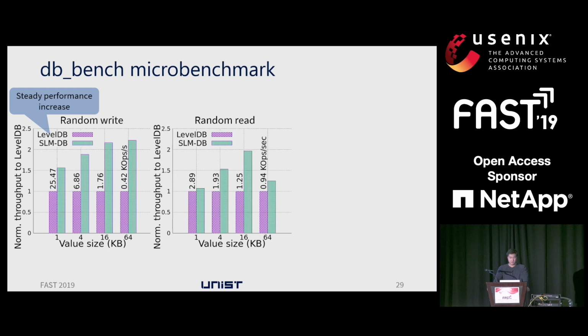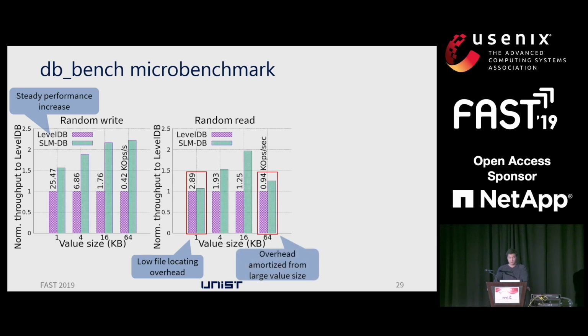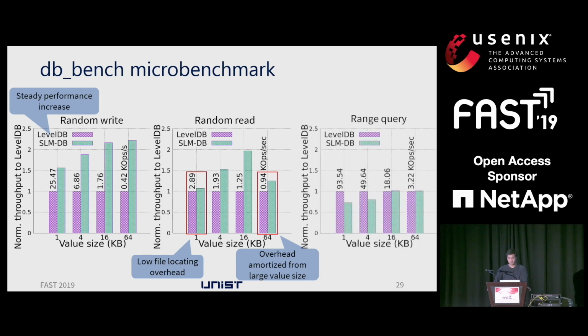For the random read operations, it does not have a really great performance gain compared to LevelDB for the case of 1 kilobyte due to the locating overhead. And for the 64 kilobyte value size, the overhead is amortized due to the large value size. For the range query evaluation, we used a range size of 100 keys.